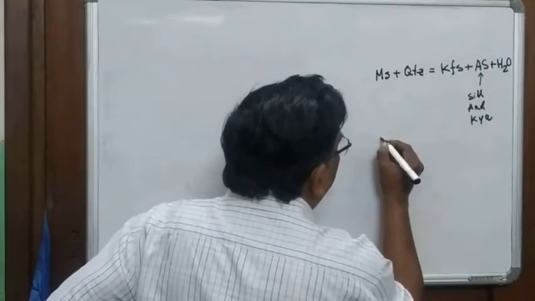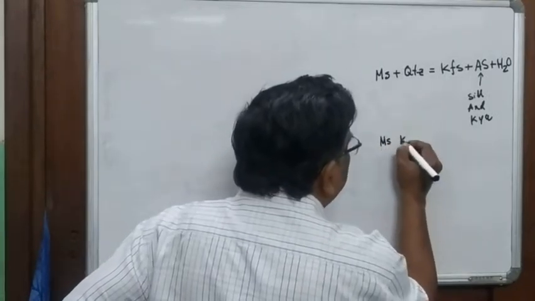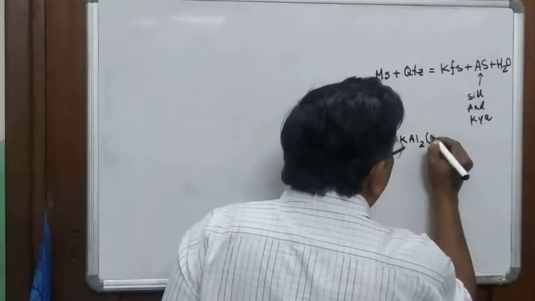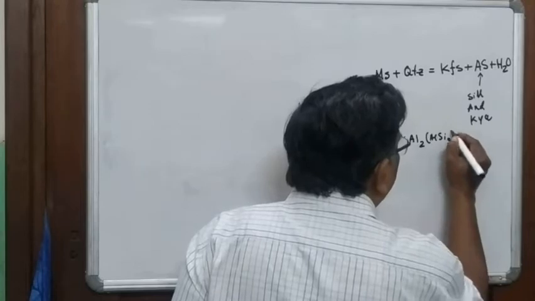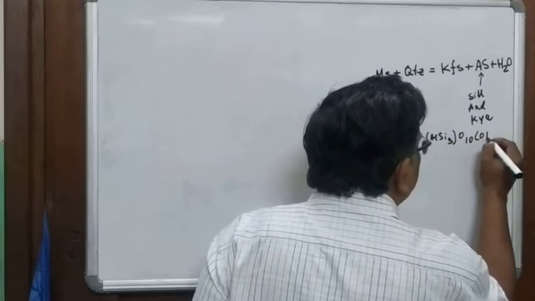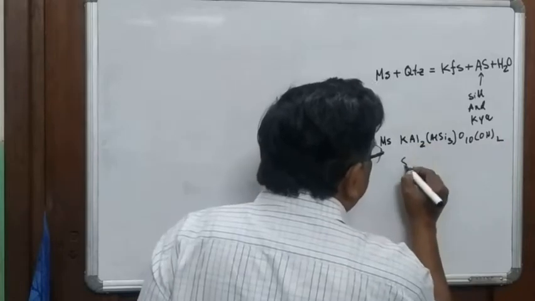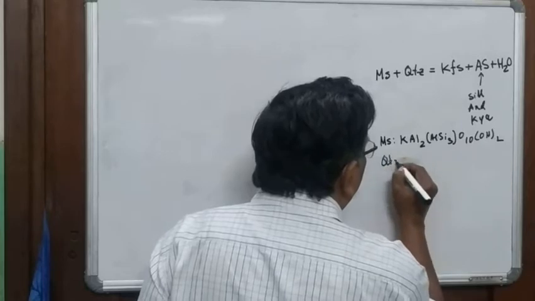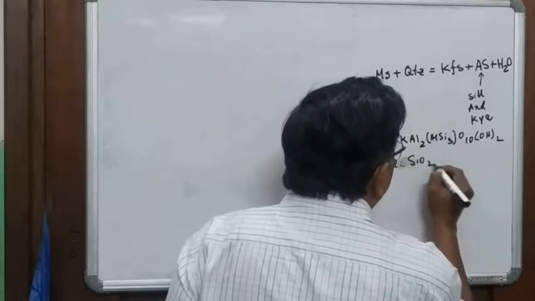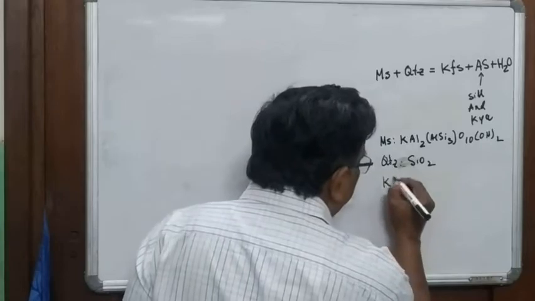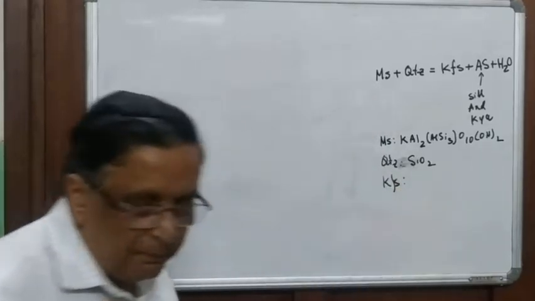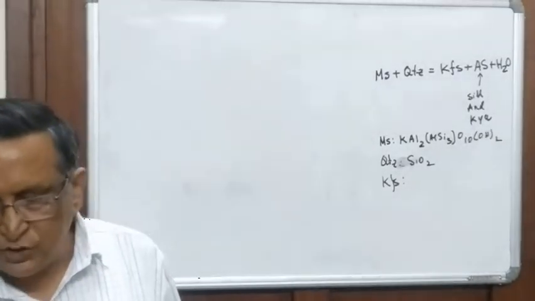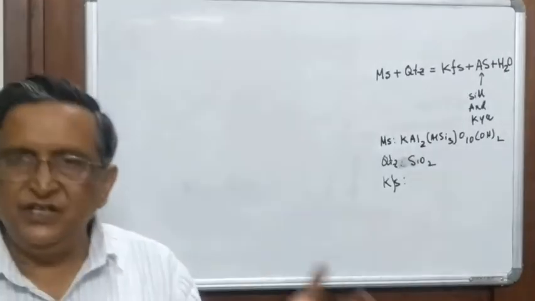Say, for example, the idealized formula for muscovite is KAl2(AlSi3O10)(OH)2. Quartz is SiO2. K-feldspar has several polymorphs. Say, for example, the high temperature form is called sanidine, S-A-N-I-D-I-N-E.